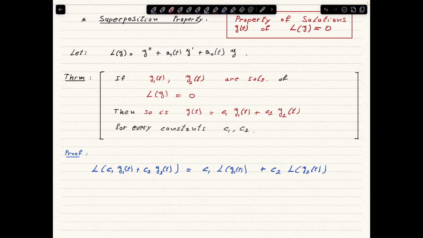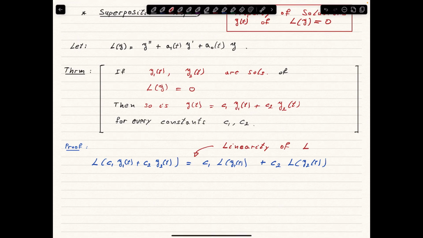So what we are using here is the linearity of L. But now we are assuming on top of that that y1 is a solution of this equation, this equals 0, and y2 is a solution of the same equation, that equals 0. Therefore, the whole thing is 0. And then the linear combination is also a solution of the same equation, and that's it. That's the whole proof.